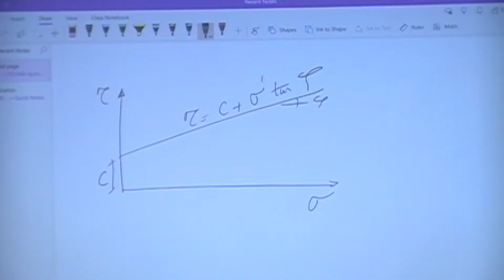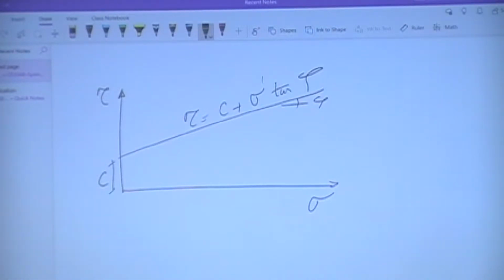And that phi value, we talked about the parameters or properties that influence the phi value. Remember, for instance, for the case of a compacted material versus a loose material. Which one has a higher phi? A compacted material has a higher phi, better interaction between the particles, or a loose material?